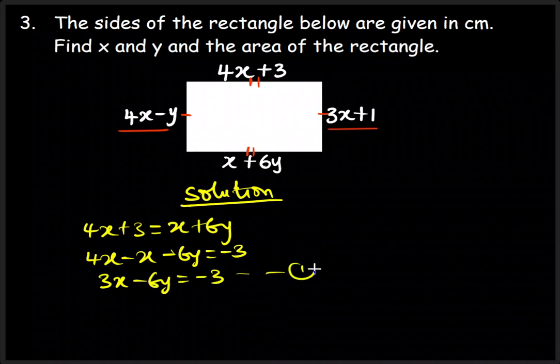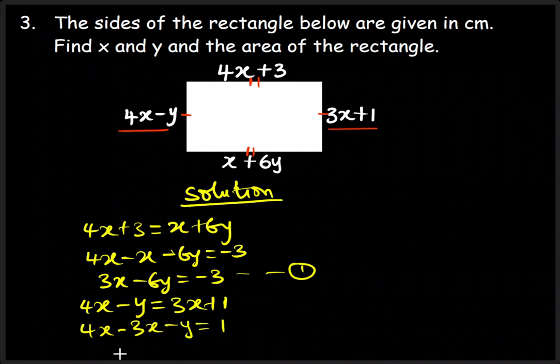Okay, that's equation 1. And then for the second one, we have that 4x minus y equal to 3x plus 1. And that will give us 4x minus 3x minus y equal to 1. That will be x minus y equal to 1. So this will make it equation 2.